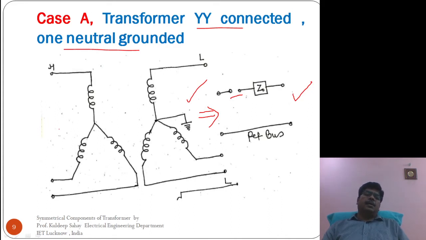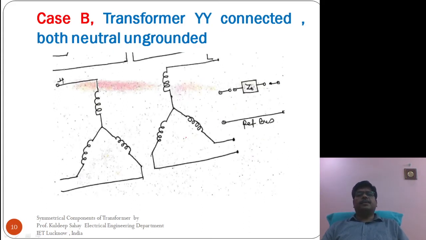When the primary side is star and the secondary side is delta, grounded, so this is the first case. Now the second case, both sides are star but both neutrals are ungrounded. As per the series and shunt switches connection, since both the neutrals are ungrounded, both series switches will remain open.